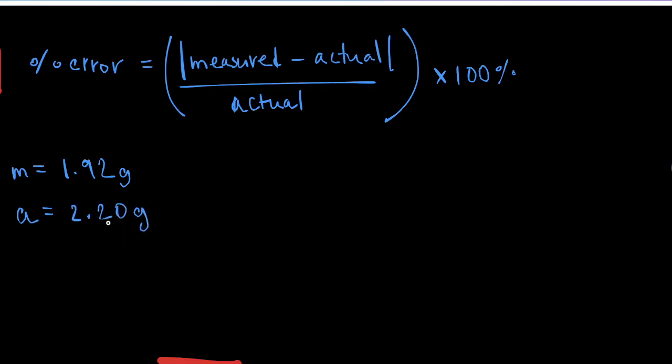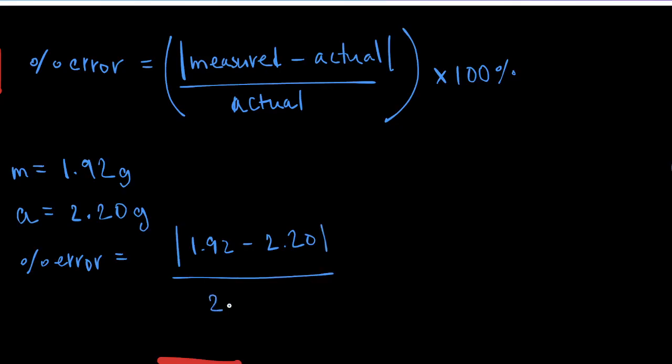Like what we should have gotten. So what is the percent error? Basically, we're seeing by what percent our measured value deviates from what we expected to get, or our theoretical value.